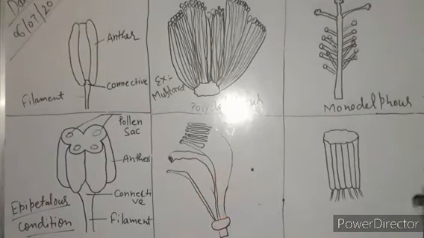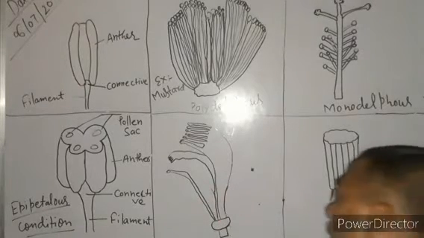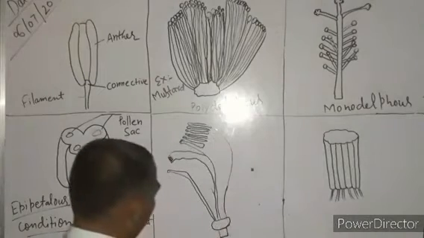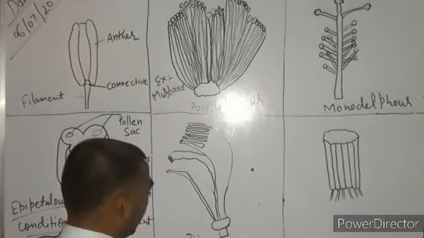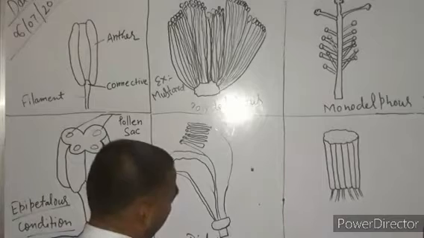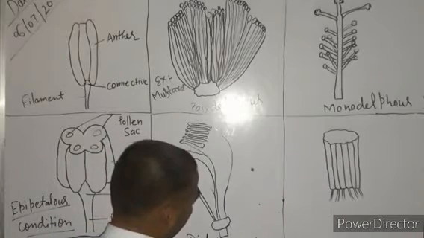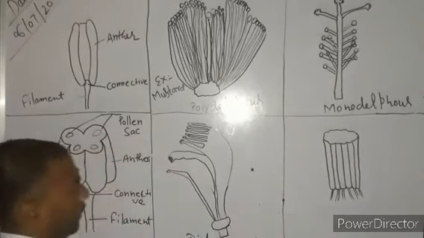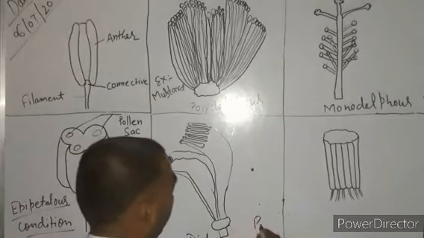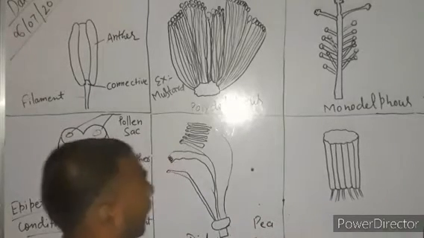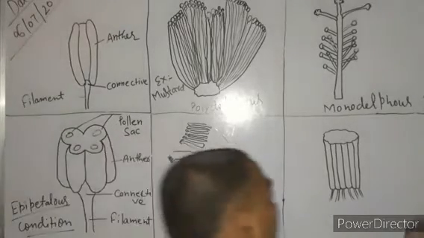That is, two groups of male reproductive parts are there. It is known as the didelphous condition. It is seen in pea, and it is also seen in gram.